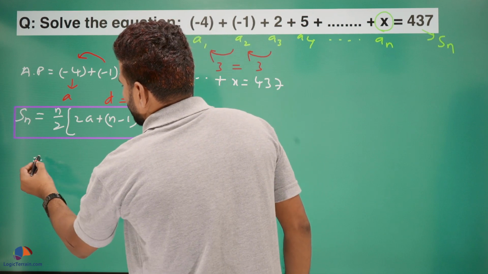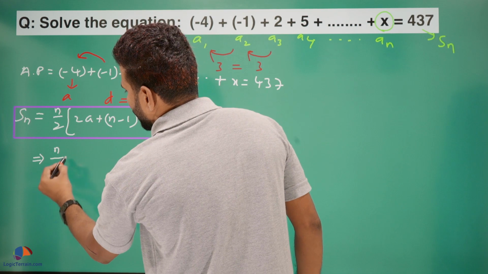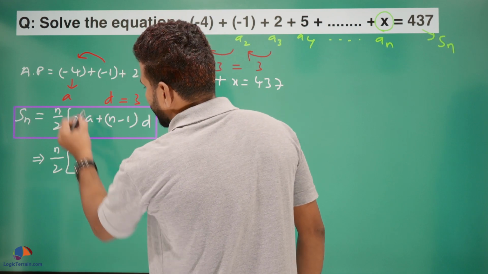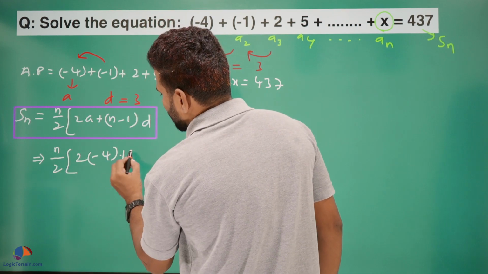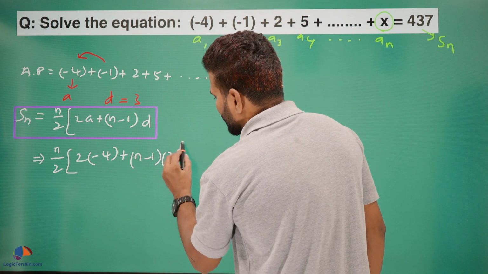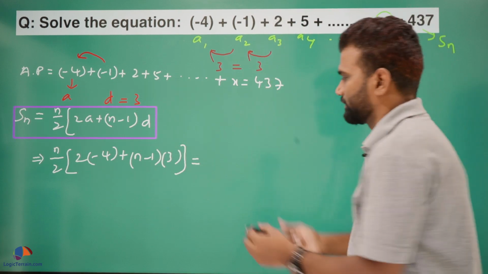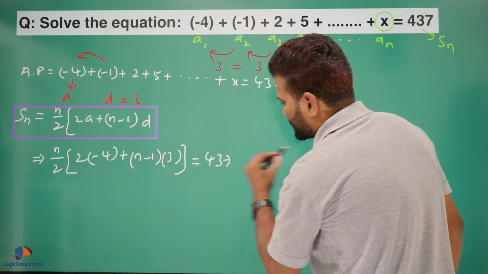So this implies n upon 2, n we don't know right now, into 2a, a we have -4, plus n minus 1 into d, we have 3, is equal to the sum, which we know, that is 437.